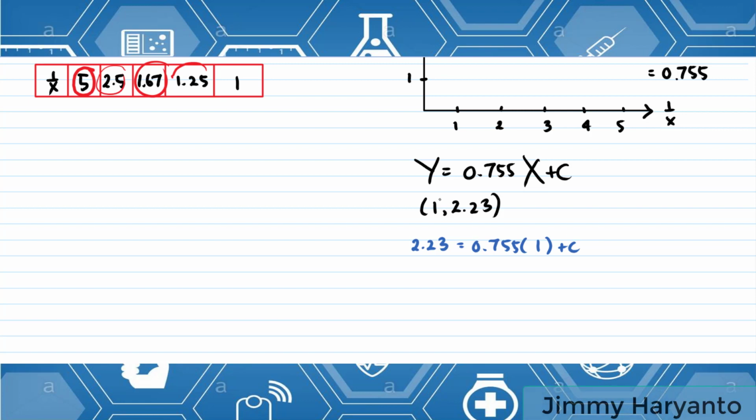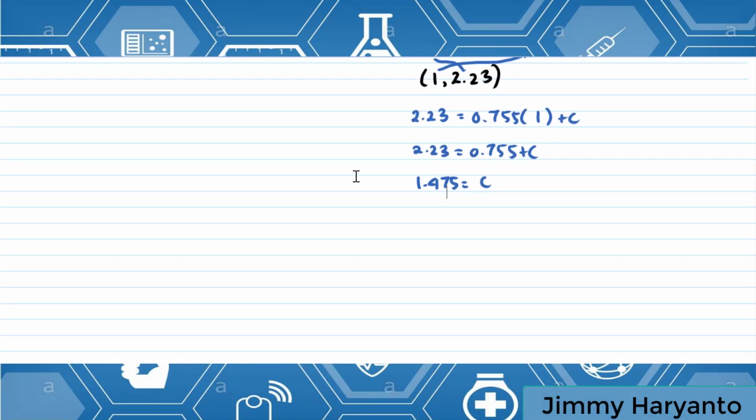So 1 goes to x, 2.23 goes to y. 2.23 equals 0.755 plus c. I will get c equals 1.475. Okay, and then I already have y equals mx plus c: big Y equals 0.755x plus c, 1.475.